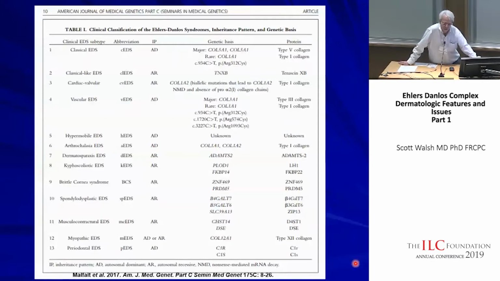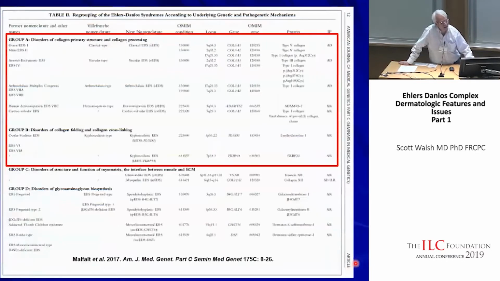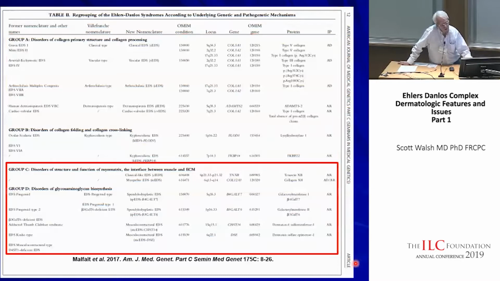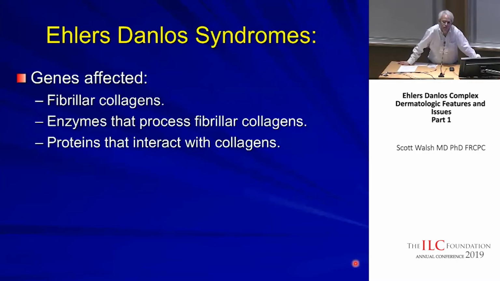And what came through in this pathway, although there's some controversy, especially with the hypermobile type, is that many of the mutations that we see are either the collagen molecules themselves or enzymes that process the collagen molecule, or enzymes and proteins that interact with the collagen molecule and help keep the shape of the collagen molecule. So the genes that are affected are either the fibrillar collagens themselves, or the enzymes that process them, or the proteins that interact with them.